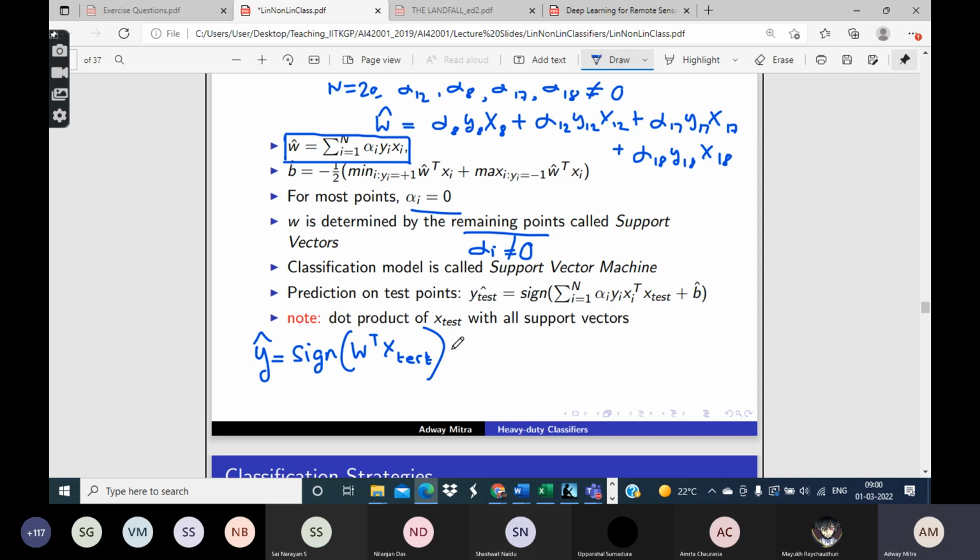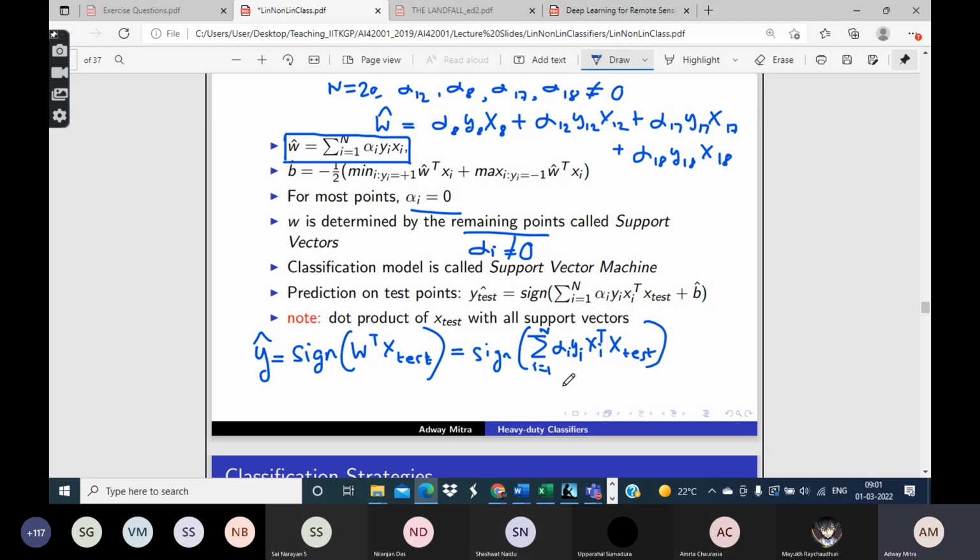So it will basically become sign of summation i equal to 1 through n alpha i yi xi whole transpose. These are of course constants, so transpose does not matter. Xi transpose X test.